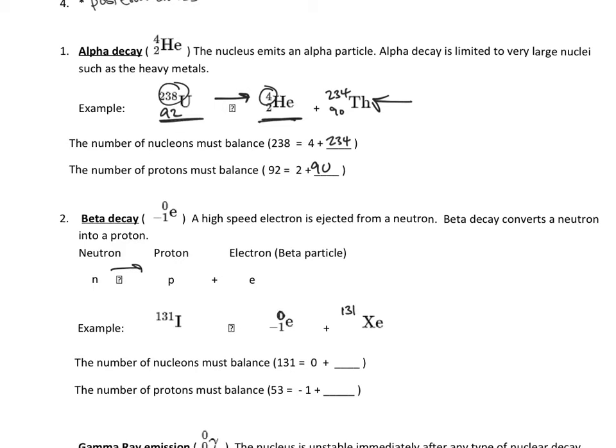We'll have 131 on the other side, which makes sense because our beta particle that we're emitting has very, very little mass because electrons are so tiny. But the protons are going to be a little bit different. We've got 53 protons for iodine. You can find that by looking it up on the periodic table. And then this -1 means we're subtracting a -1, or we're making this side balance out with -1 to 53.